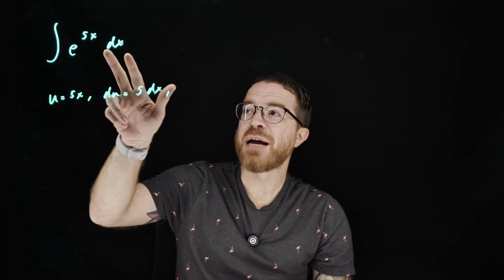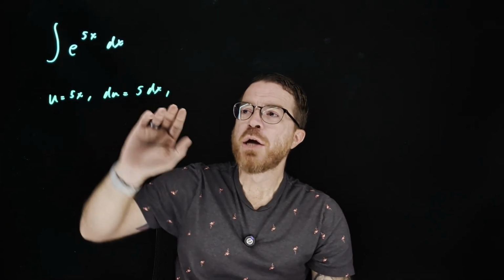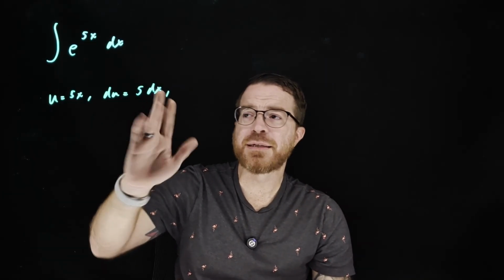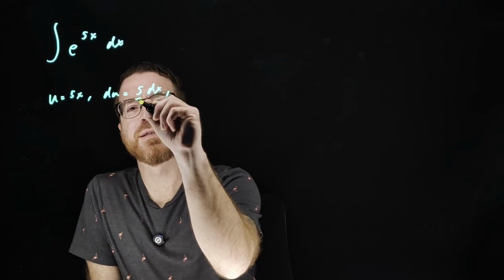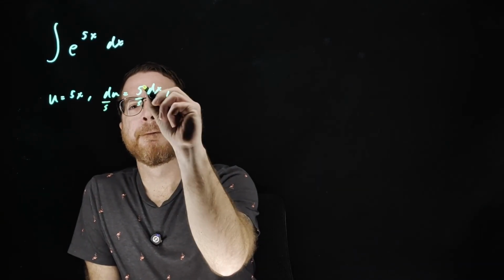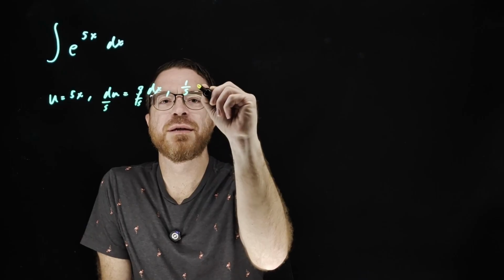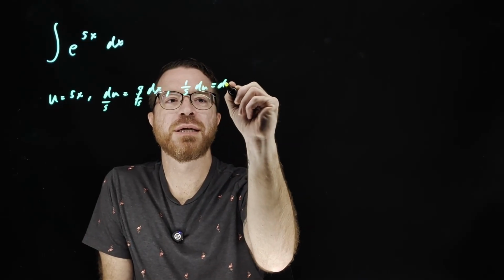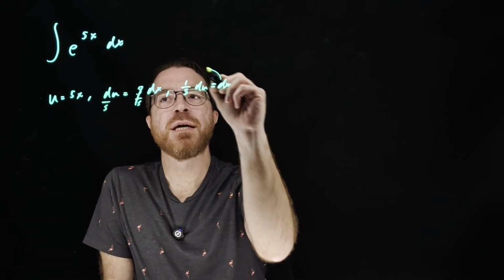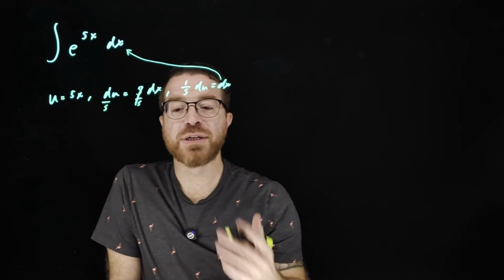Looking at what we have here, we have dx, but we don't have anything else. So we really just need to isolate dx by itself. I'm going to divide both sides of this by 5, and this means that we have 1/5 du equals dx. That's what we substitute in for our dx here.